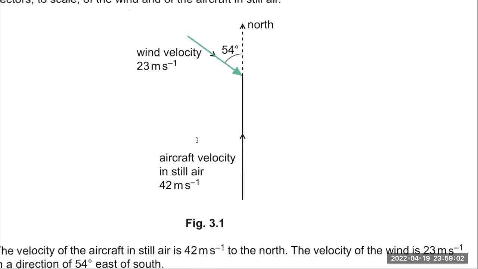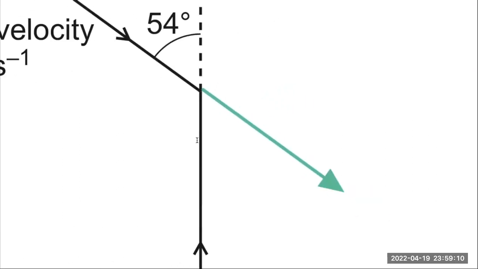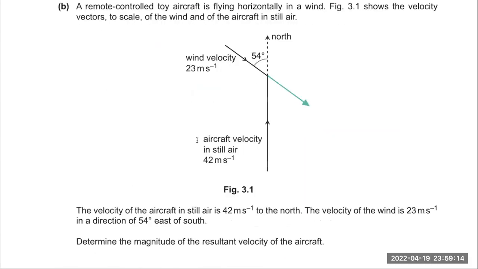When using the head to tail rule, the tail of one vector is attached to the head of the other vector. So I'll attach this over here. There we go. And then I'll have to draw the resultant. My resultant starts from this point all the way up till this point.